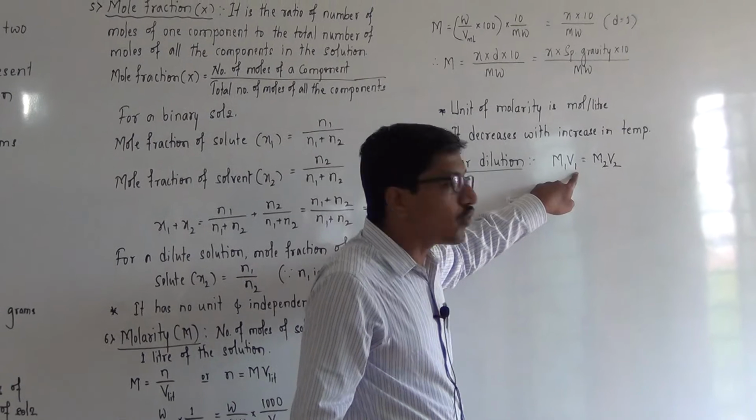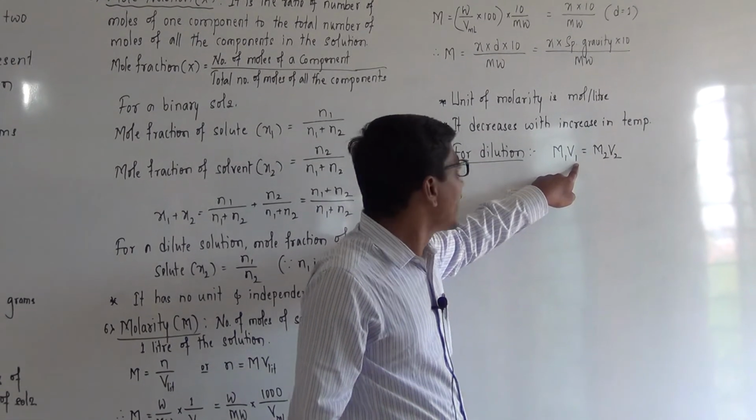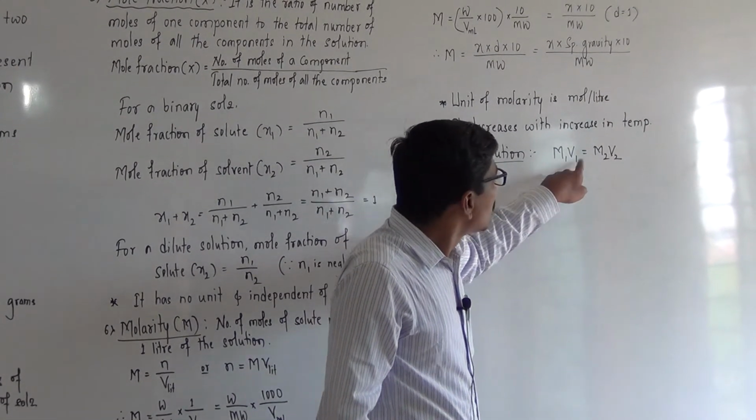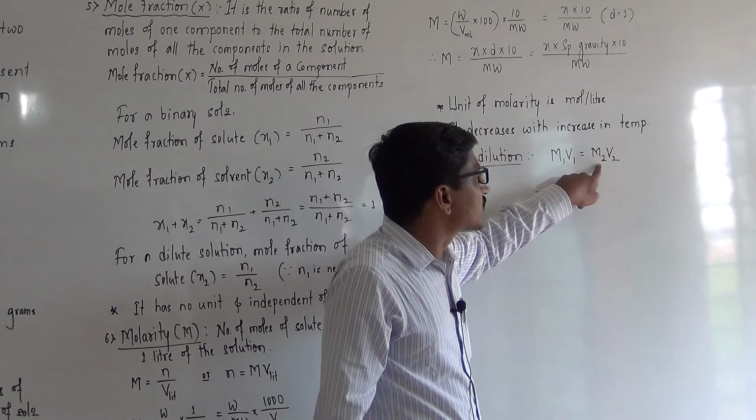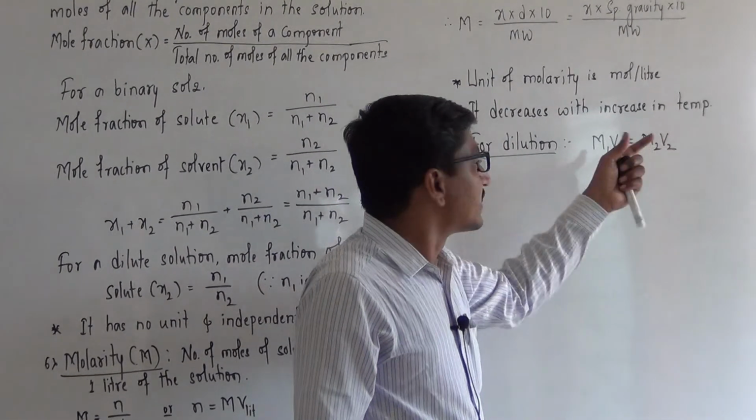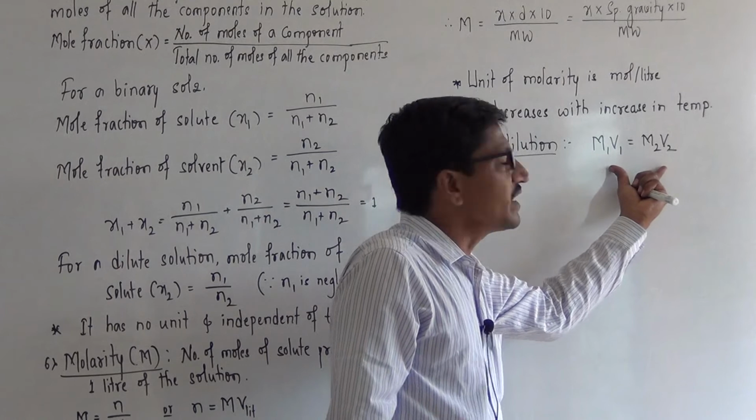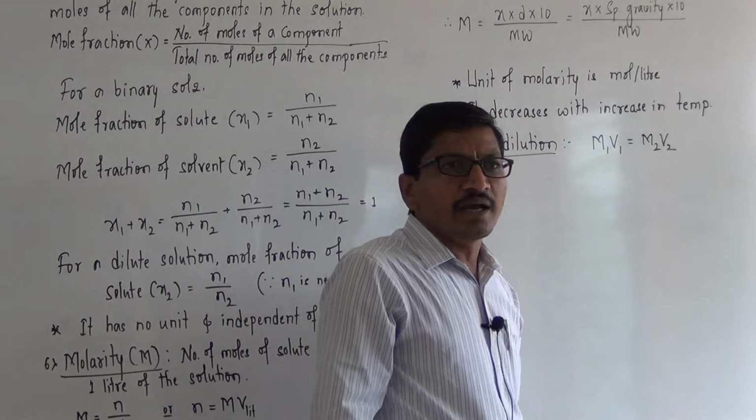The V1 volume of solution is diluted to V2 volume with concentration M2, which is calculated by using this formula.